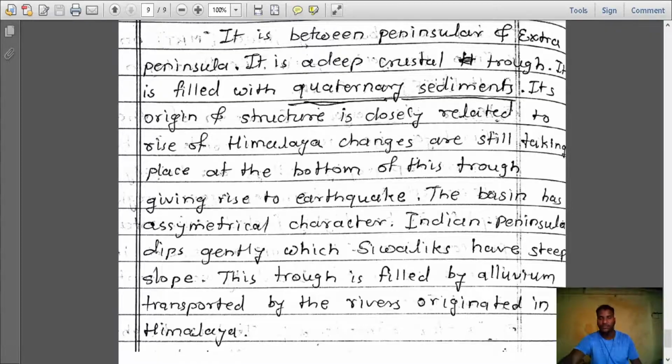So the Indian subcontinent is broadly divided into three tectonic divisions: peninsular India, extra peninsular India, and the Indo-Gangetic plain. Peninsular India.